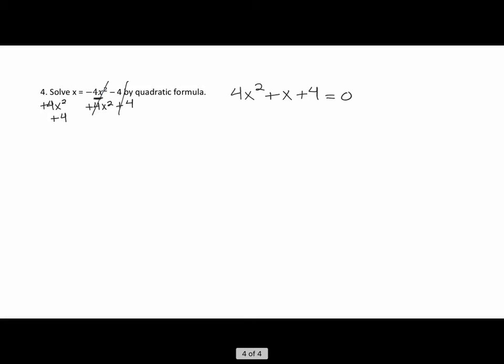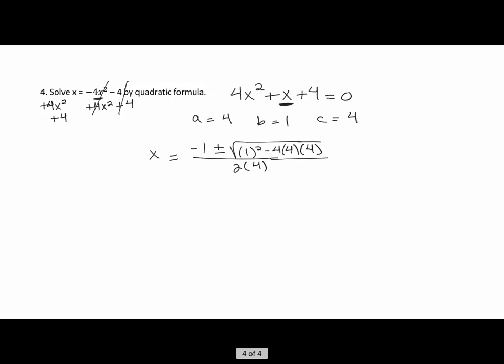Okay. So I want to identify a, b, and c. A is in front of x squared, b is in front of x, and c is the constant. So that I can solve for that middle variable. X is negative b plus or minus the square root of b squared minus 4 times a times c, all over 2 times a.